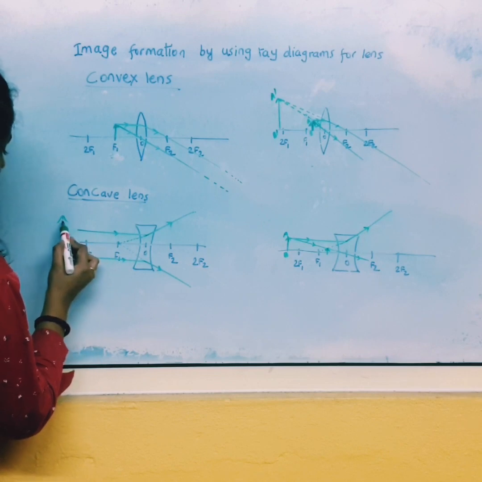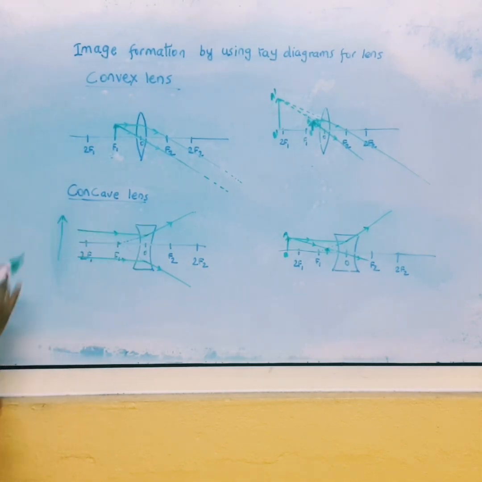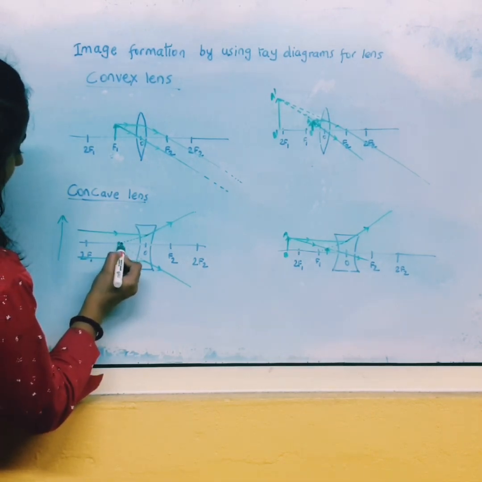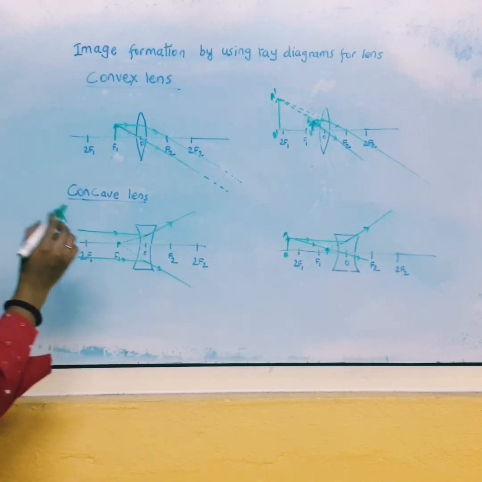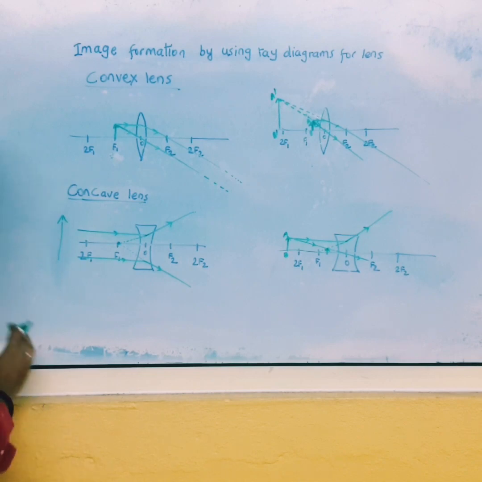Okay. So the object was this side, it diverges on the same side of the principal focus. Okay. So the image is formed here. That's why it is highly diminished, point size, and virtual and erect, because it is formed on the same side of the lens. And you know, in case of convex mirror also, the image formed in both the cases is virtual and erect.